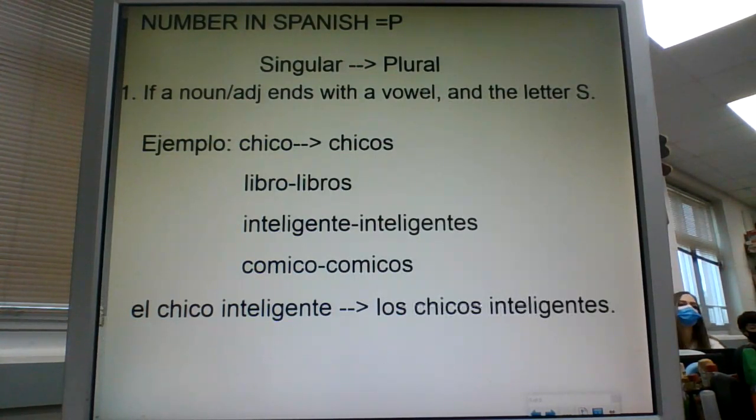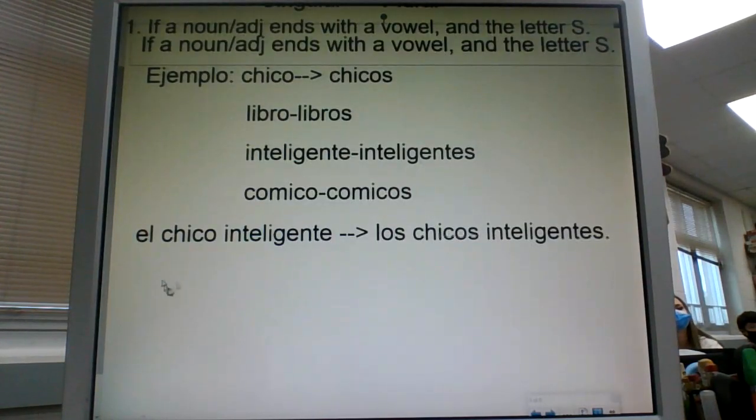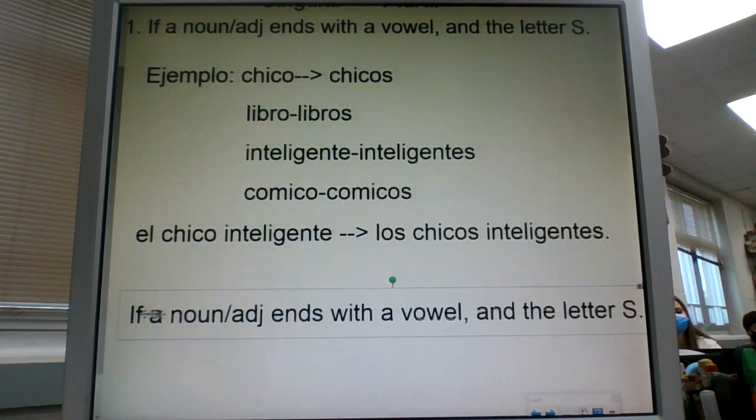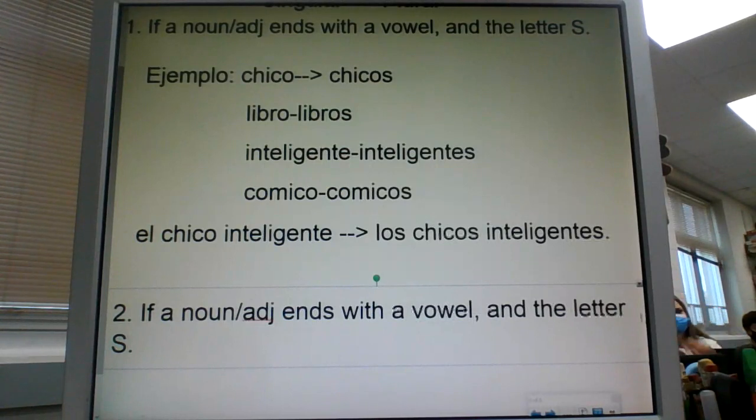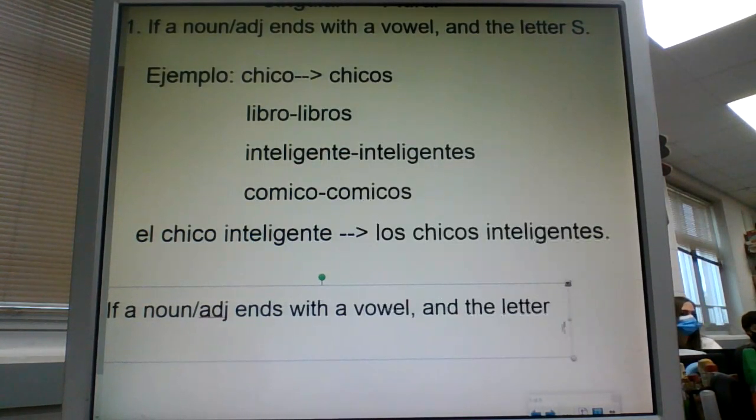You ready for rule number 2? What's the opposite of a vowel? What's the opposite? The opposite of a vowel. I need to be better.